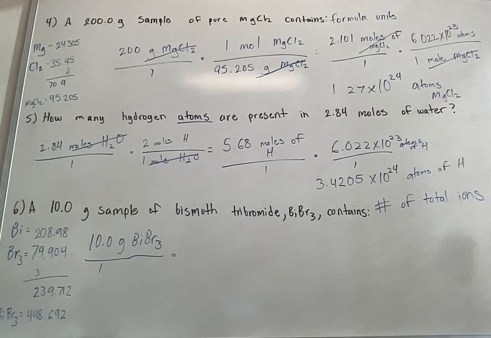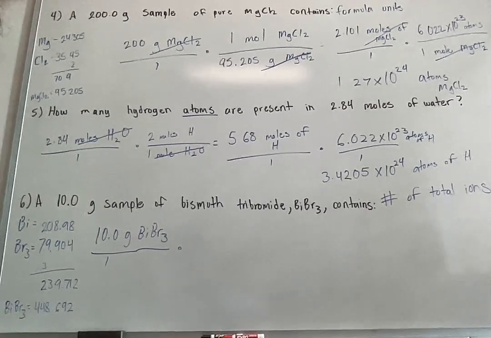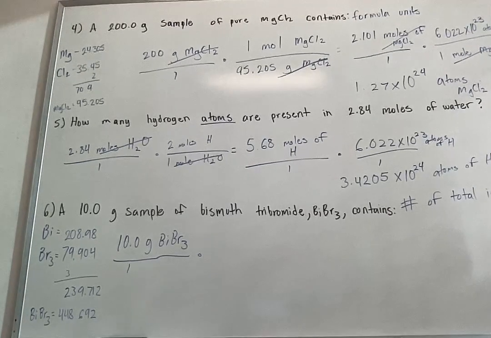Now, 208.98 for bismuth. Bromine has a weight of 79.904, but we got 3 of those, so don't forget to multiply. It gives us 239.712, and I don't know if you can see it. Oh, yeah, you can. Bismuth tribromide has a weight of 448.692.